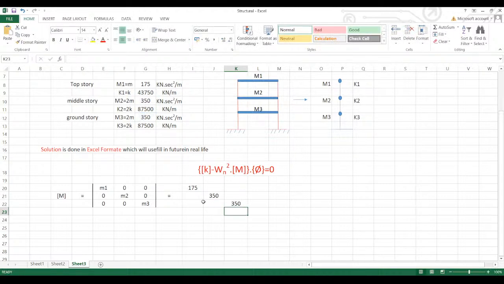Okay, all others are 0. This is our mass matrix.